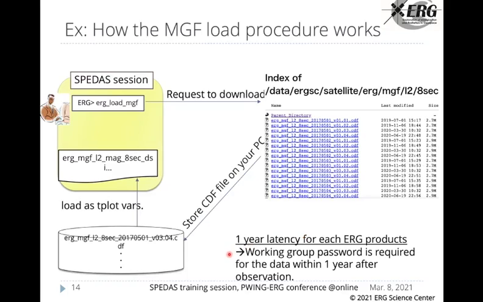But to access the data within that 1 year latency from the data acquisition time, you would type the working group password and ID to get them. So if you are interested, you would contact the PI of each instrument data or the science center.